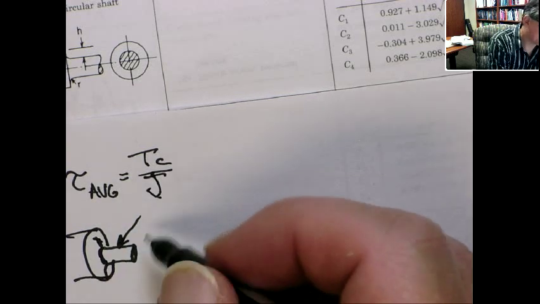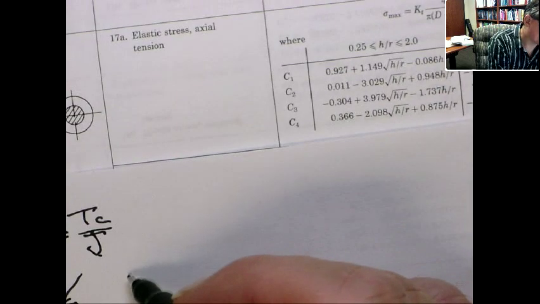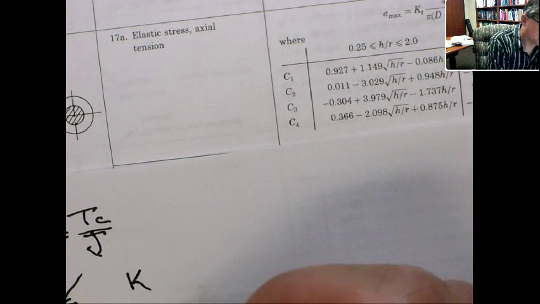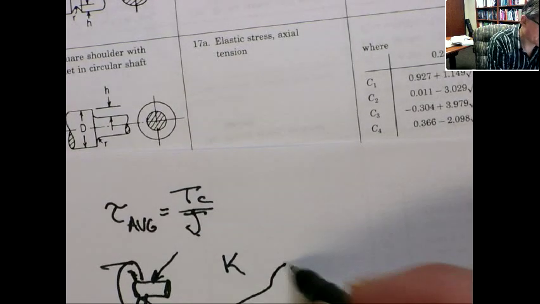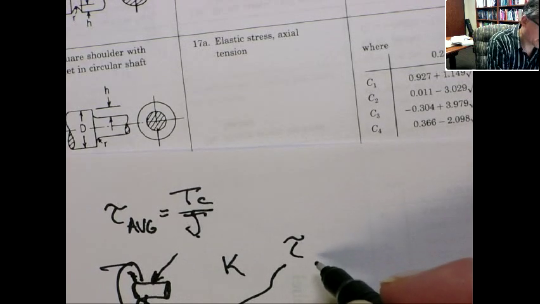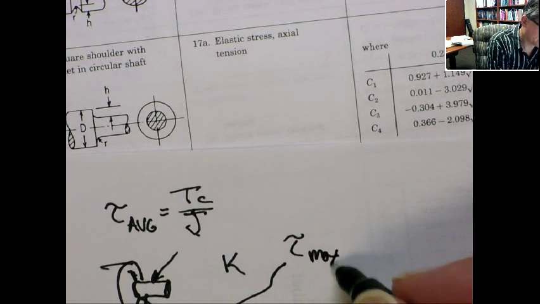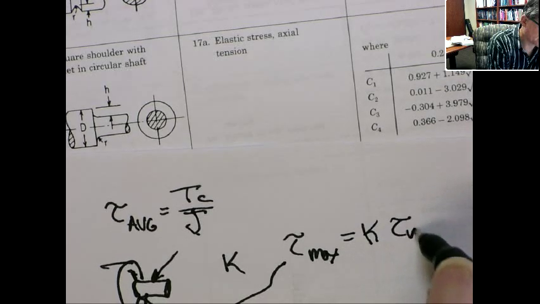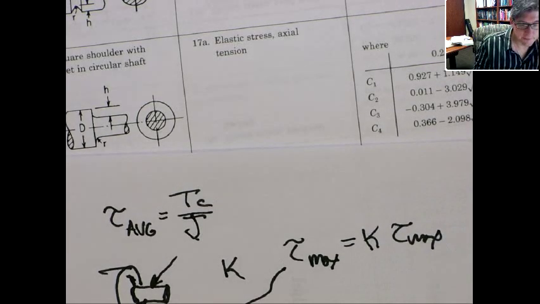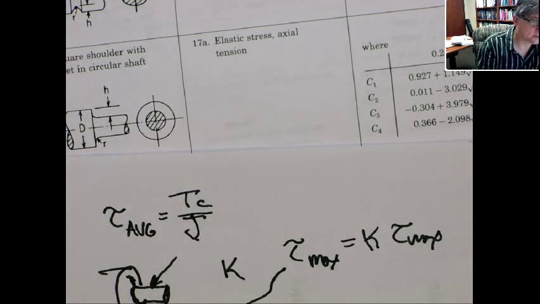Same concept. Then you look up the geometric factor K, and then what you can find is the stress at the root, which is the max. It's tough to write neatly when it's so zoomed in. This is K times the tau max, right? So they all go the same way. So even though we're just talking axial in this problem, the same concept of the stress concentration factor works over lots of different types of problems.